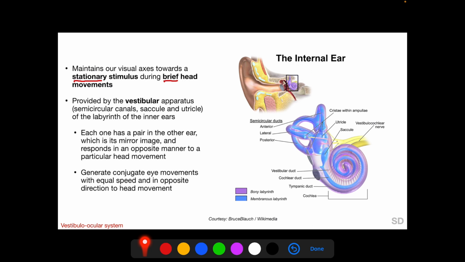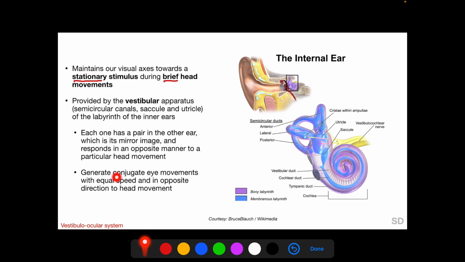And the vestibulo-ocular system is provided by the vestibular apparatus of the inner ears. And the vestibular apparatus of each ear consists of 3 semicircular canals, the utricle and the saccule. Now each one of these structures has a pair in the other ear, which is almost its mirror image and responds in an opposite manner to a particular head movement.